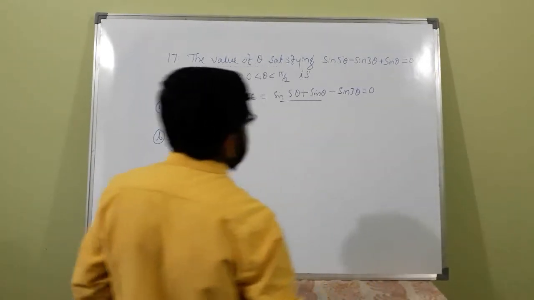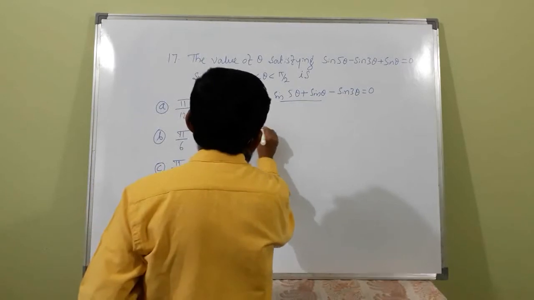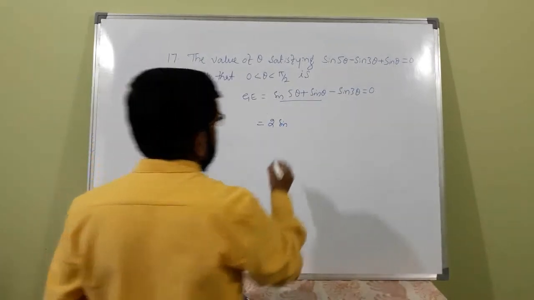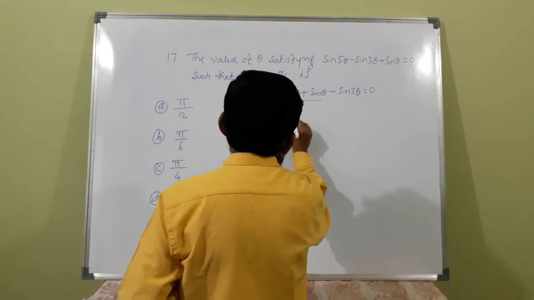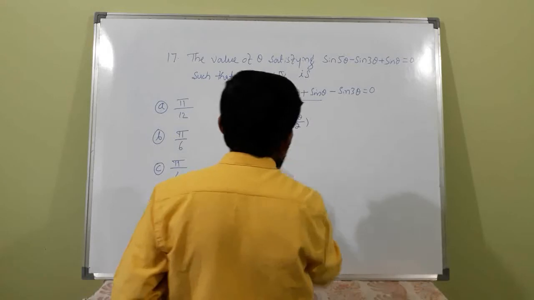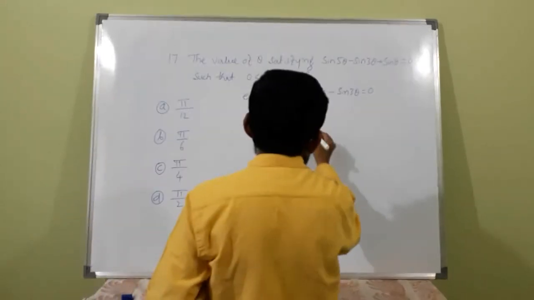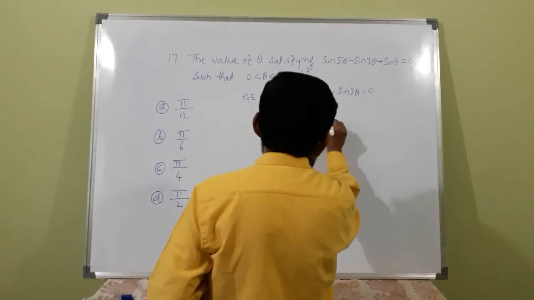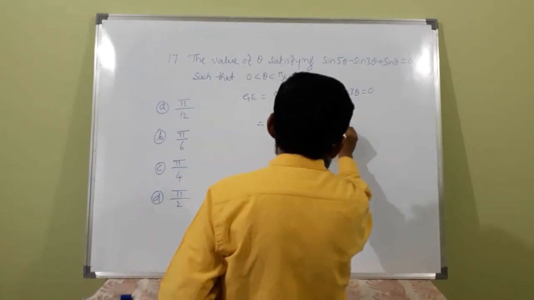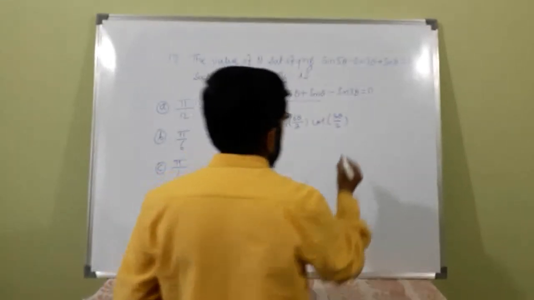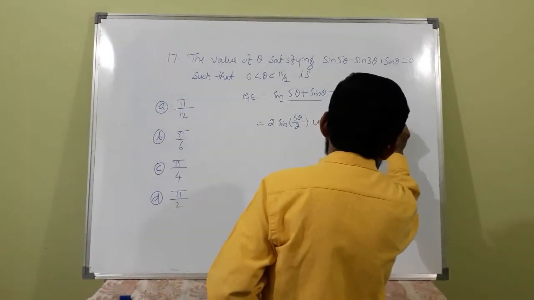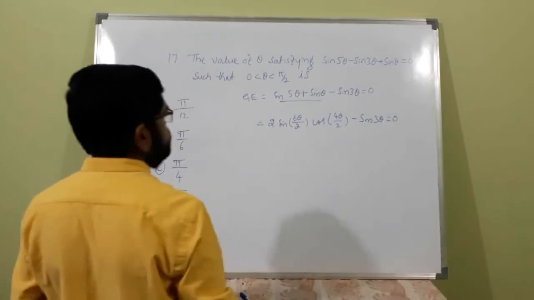Sin x plus sin y is equal to 2 sin of (x plus y) by 2, so 5θ plus θ by 2 into cos of (5θ minus θ) by 2, minus sin 3θ is equal to 0.